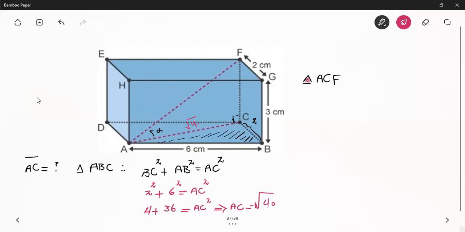Now we have found the length of AC. What is left for triangle ACF to find? That's right. Also, we have the length of CF. How much is CF? That's right. It is 3. And what is the length of AF in case?